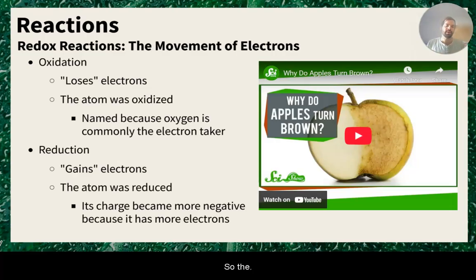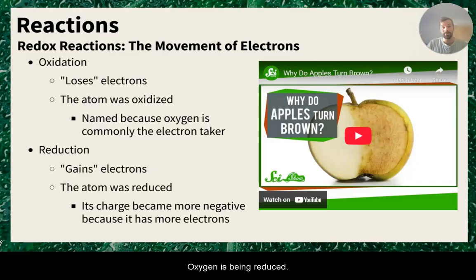So the chemical that is oxidized in a reaction is one that is losing its electrons. And it is named that because often it's oxygen that is the one that is taking the electron. This is the case when it comes to aerobic cellular respiration, where glucose is oxidized and oxygen is the one taking the electron.